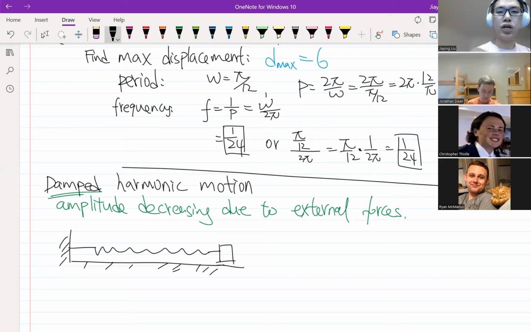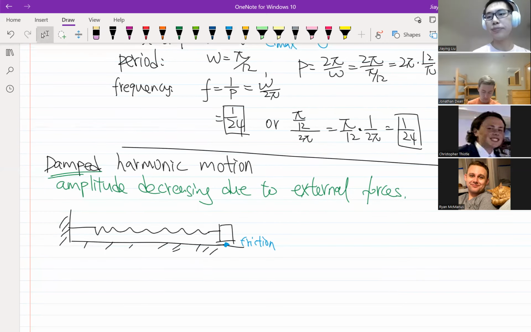Now, if there's a friction between the object and the ground, that friction is going to make it difficult for the object to move back and forth. So eventually, the friction is going to cancel some of the forces in the spring. So the object is not going to return to the starting point during the oscillation. So that's called damped harmonic motion.